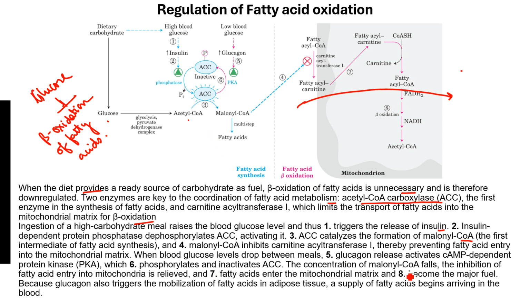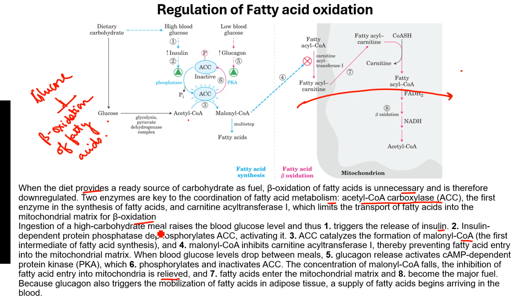So the concentration of malonyl CoA falls, the inhibition of fatty acid entry into the mitochondria is relieved, and fatty acids enter the mitochondrial matrix and become the major fuel. Because glucagon also triggers the mobilization of fatty acids in adipose tissue, a supply of fatty acids begins arriving in the blood.